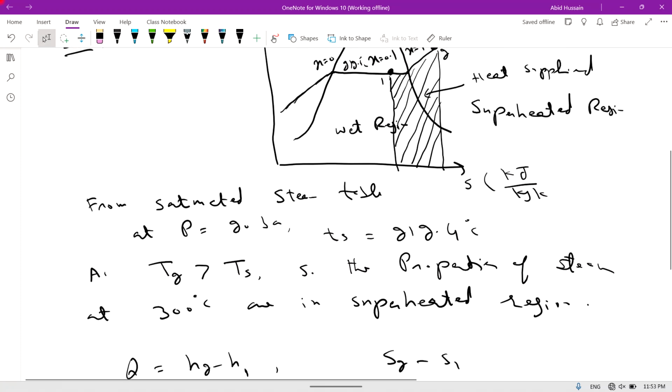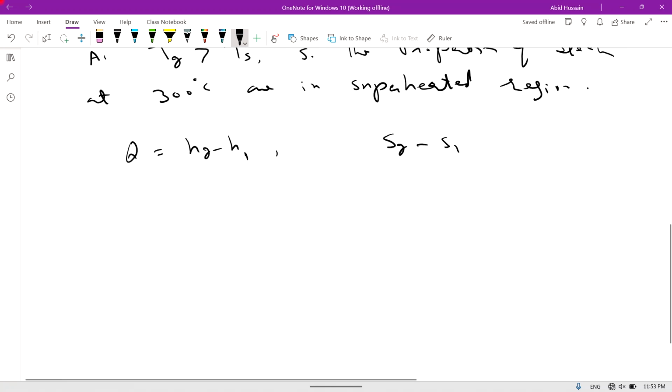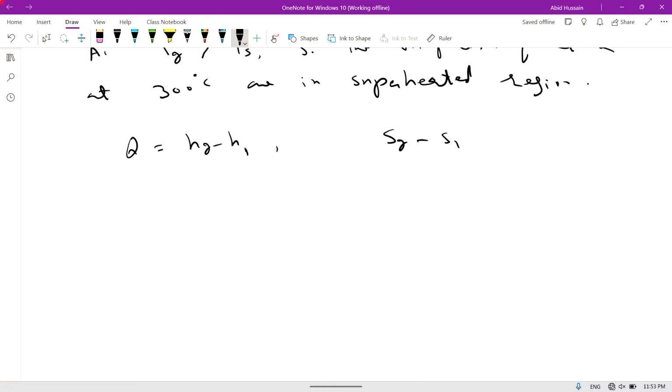H1 and S1 are in wet region, and H2 and S2 are in superheated region. So we will find H1 and S1 from saturated steam table, and H2 and S2 from superheated steam table.